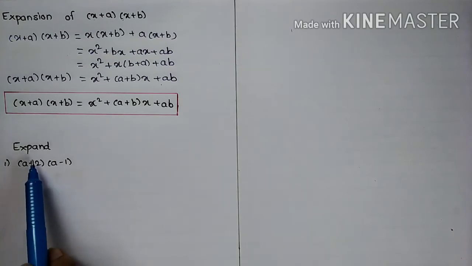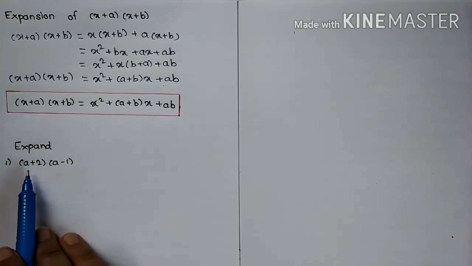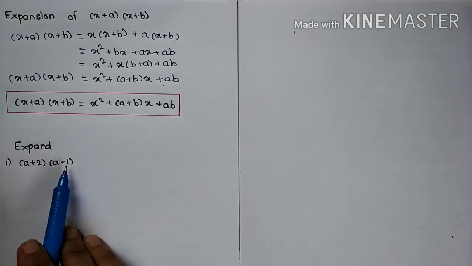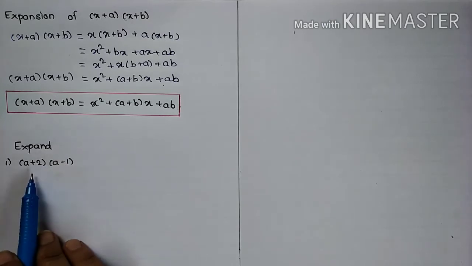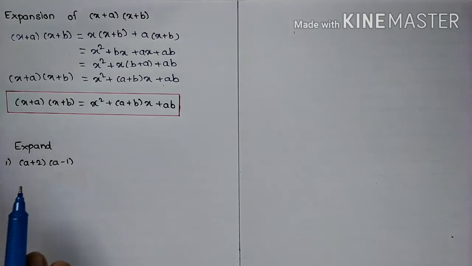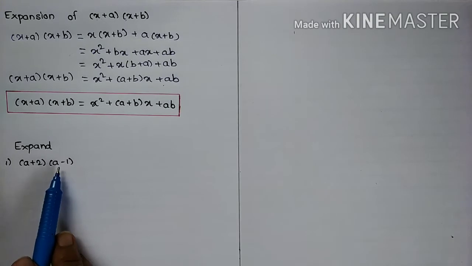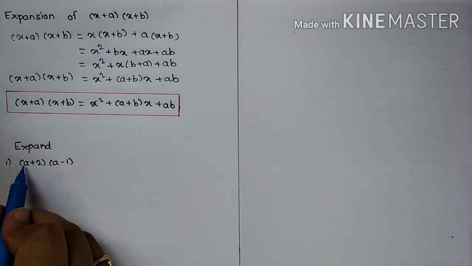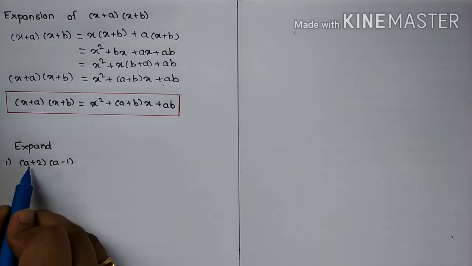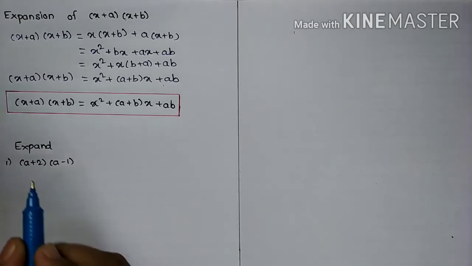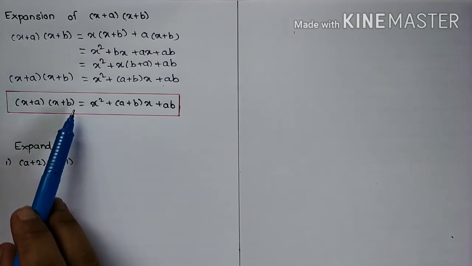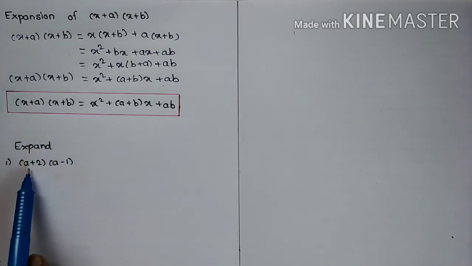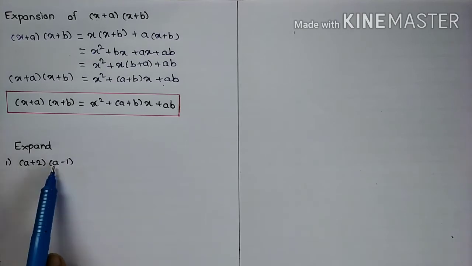See first example, expand (a + 2)(a - 1). Here we have to find multiplication of two binomials and these binomials have one term in common. See here, this term is common. Therefore, we use this expansion formula to expand these binomials.